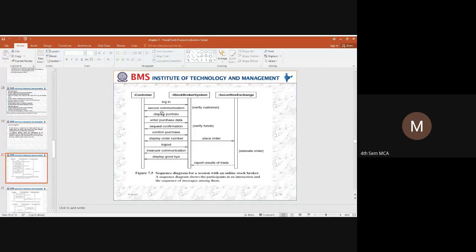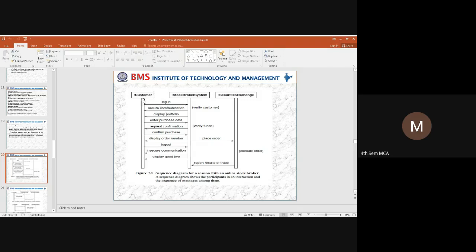So here is a sequence diagram showing how we write a diagram for the online stock brokerage to establish a secure communication. What are the objects that we have? We have a customer, the stockbroker system, and the security exchange.